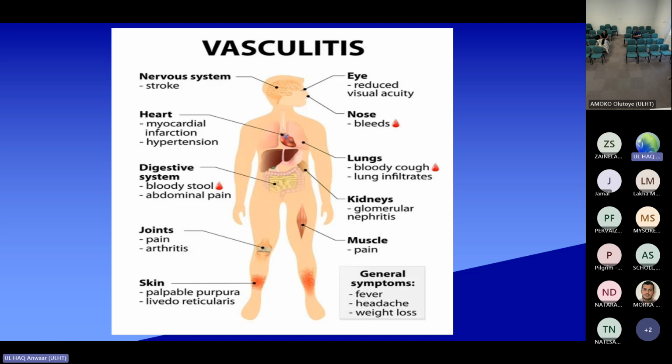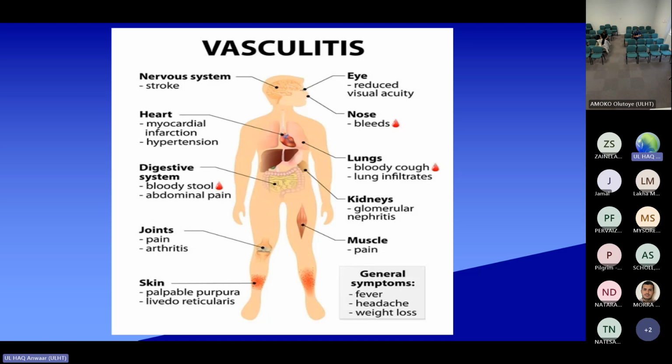Then you can ask about the nervous system, any previous history of a stroke or dizziness or TIA symptoms. Eye symptoms, reduced visual acuity. That is one of the important things when you suspect giant cell arteritis, that you need to ask this question as well.